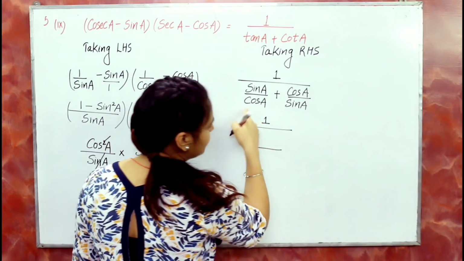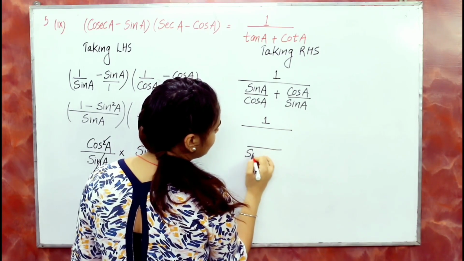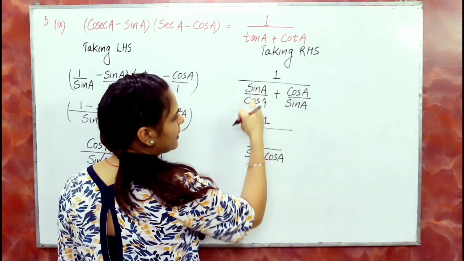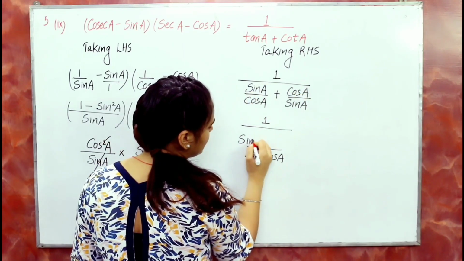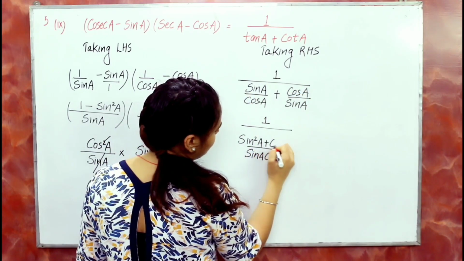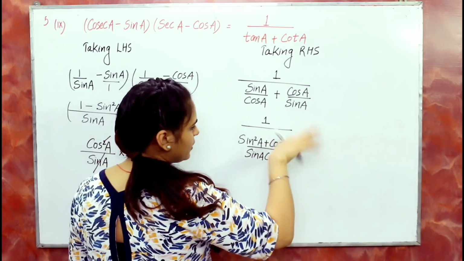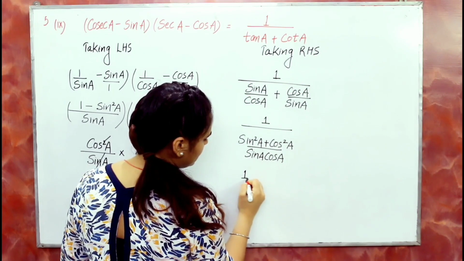So I am taking LCM here. By taking LCM, sin A cos A, and this will become sin square A plus cos square A.